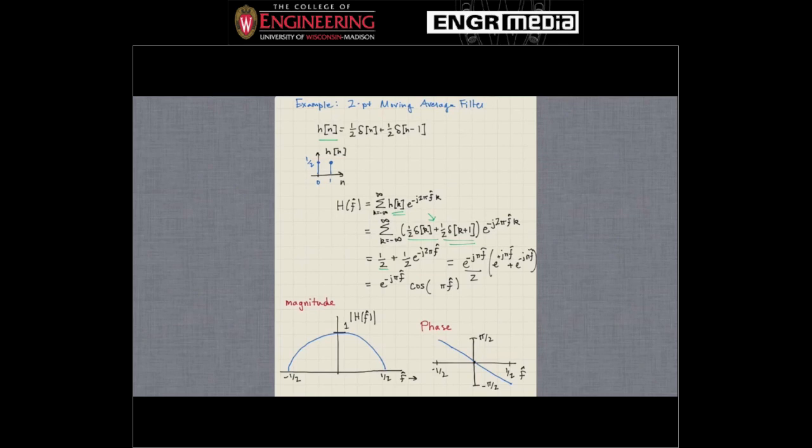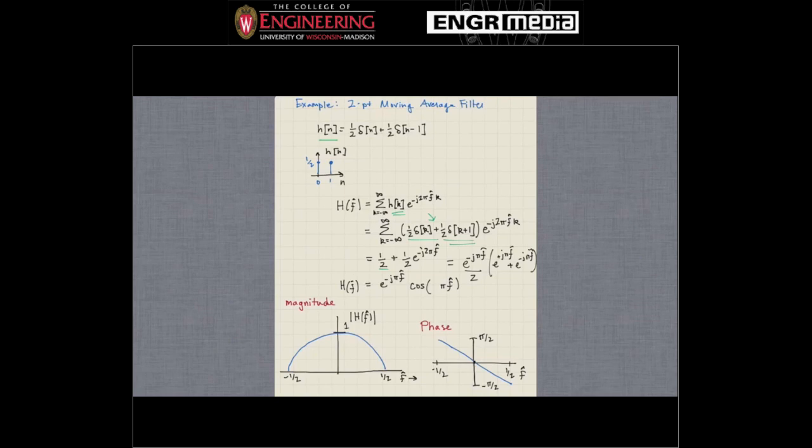Why do we want to write it in this form? Why didn't we just leave it as the sum of those two individual terms? That was pretty simple, right? Well, this way we can see exactly what the magnitude is and what the phase is. It's totally transparent. If we take the magnitude of this H of f hat, the absolute value of e to the j something times some other number, we know that the absolute value of e to the minus j pi f is always 1.